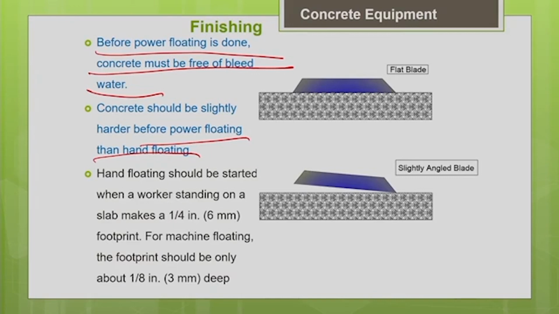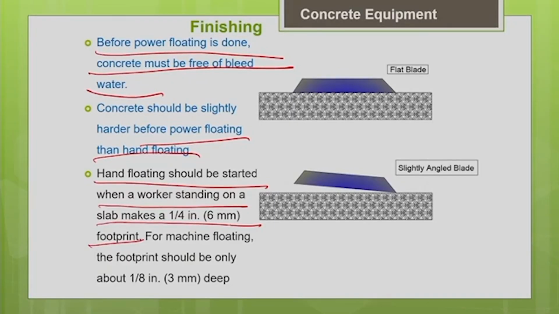So, how to test whether the concrete is ready for troweling or finishing? Simple guidelines are available in the ACI manual. Hand floating should be started when a worker standing on a slab makes a 1/4 inch footprint, to check whether the concrete hardness is sufficient to start the finishing operation using hand floating.